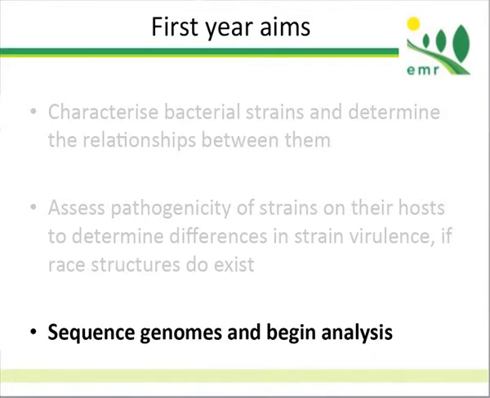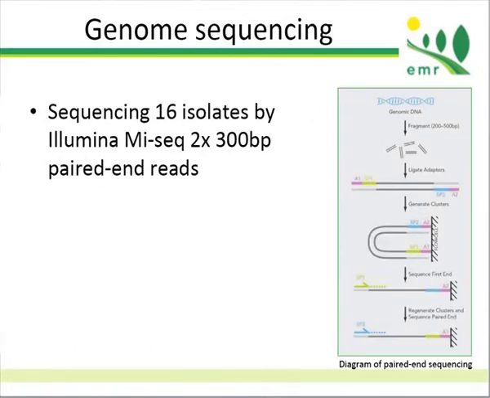And finally, I will be sequencing the genomes of 16 isolates using Illumina MiSeq paired end 300 base pair reads. For anyone that doesn't know very much about genome sequencing, you have your genome and you fragment it to 600 base pair fragments.